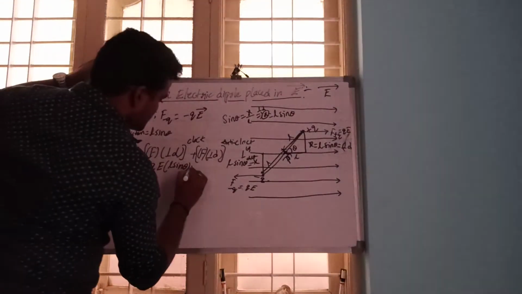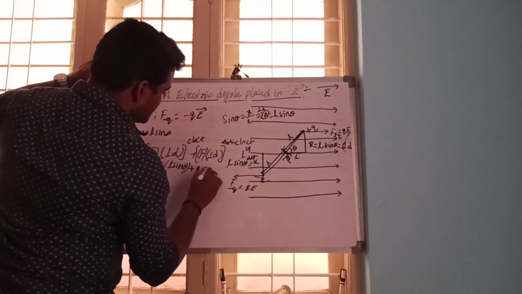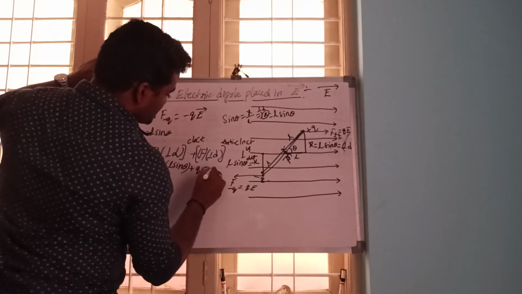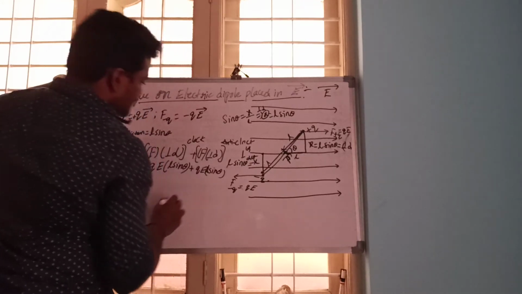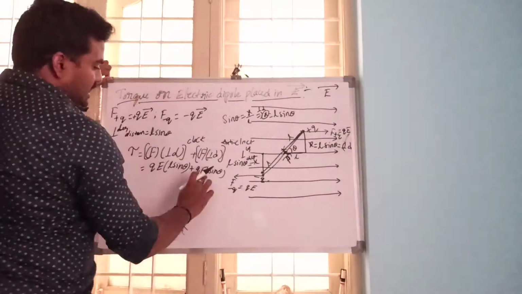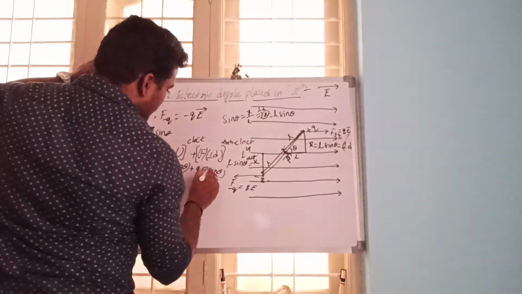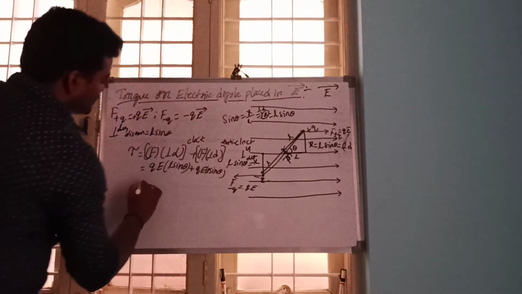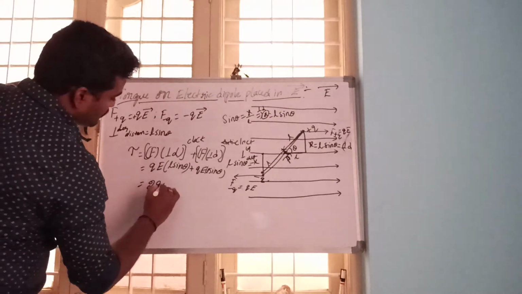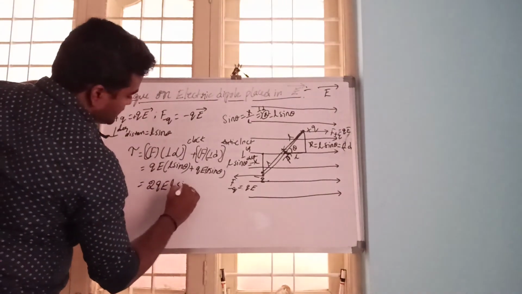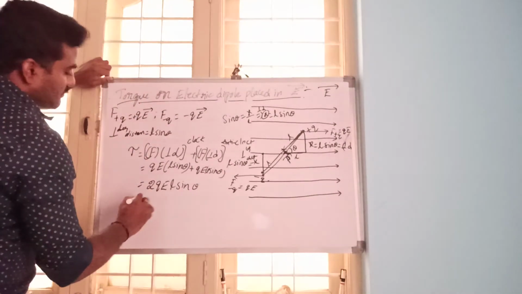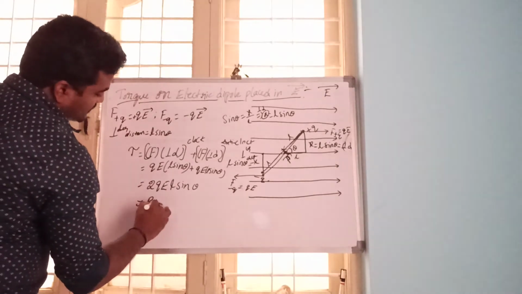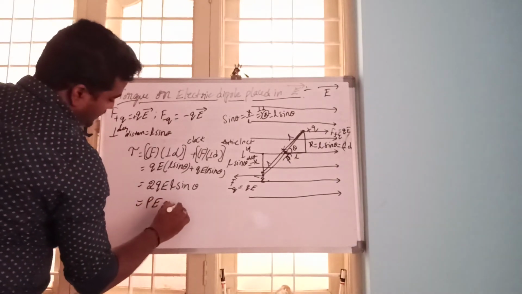So this is also QE L sin theta. Here I am not considering minus. Why? Because I have already mentioned that it is the anti-clockwise direction. So this will be 2QE L sin theta. 2Q and L will be P, so torque is P E sin theta.